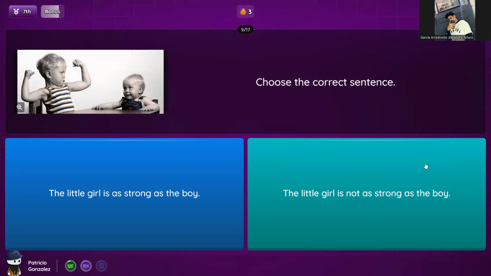Thanks to you. Now, my dear Catherine, are you there? Yes, teacher. Catherine, this picture. The little girl is as strong as the boy.